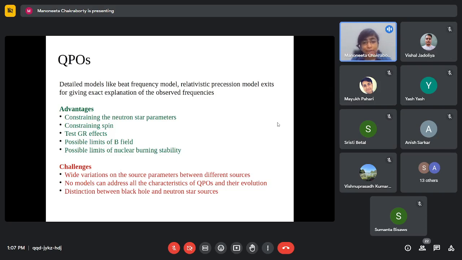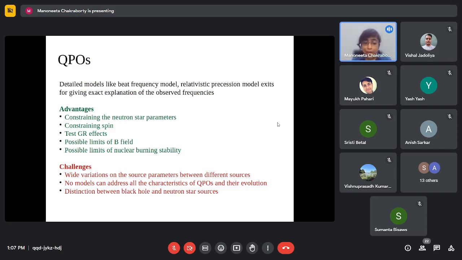However, even though they are such exciting objects to probe the vicinity of the compact objects, there are various challenges that we face in studying QPOs. One major challenge is, we see there is a wide variation in how QPOs are being exhibited by different sources, even, let's say, different black holes.